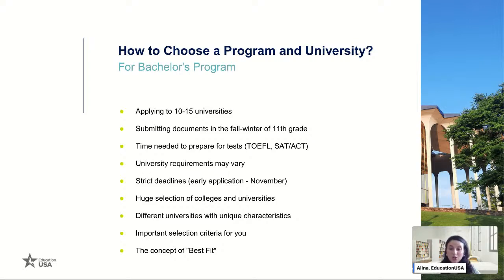So you should know that you are applying to at least 10, 15 universities. You need to submit the documents in the fall, winter of your 11th grade. You need time to prepare for the tests, for TOEFL, SAT, ACT if it's needed. The university requirements may vary.